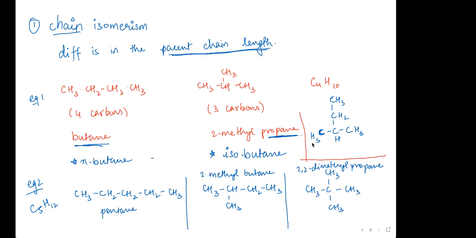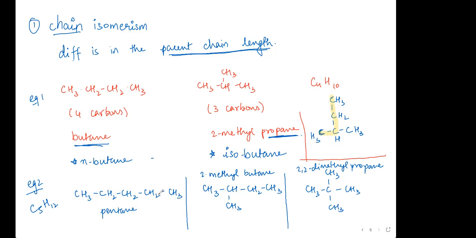Ma'am, are the second and the fourth one same then? Yeah, longest chain rule. So they are the same then. Yes. So that's another advantage of IUPAC names, because you have a certain set of rules describing the name, it will get rid of these sorts of confusions.